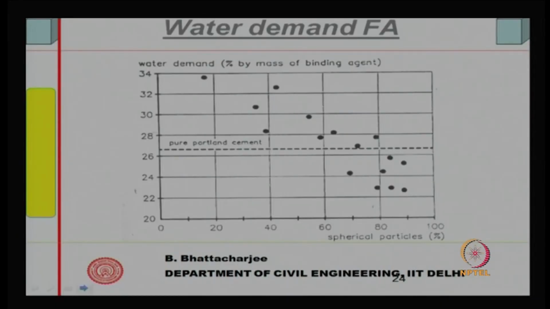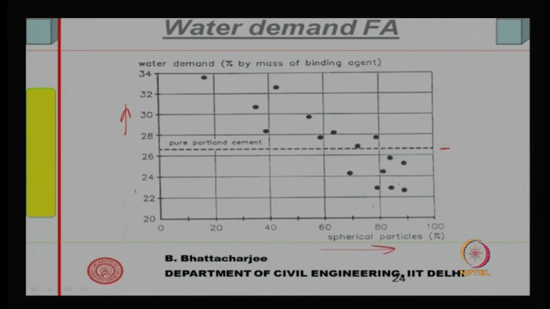This is proportion of spherical particle. Now, this is pure Portland cement, no fly ash. This is the proportion of spherical particle and this is the water demand by the mass of binding agent to give you the same kind of consistency, both cases same consistency.